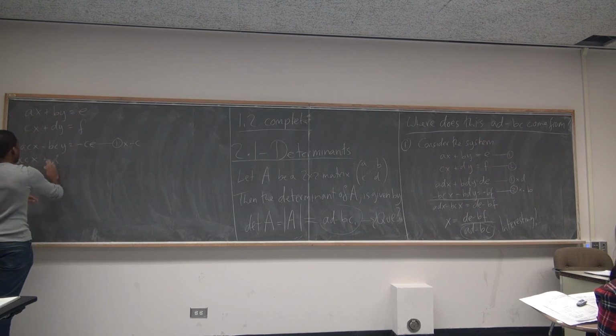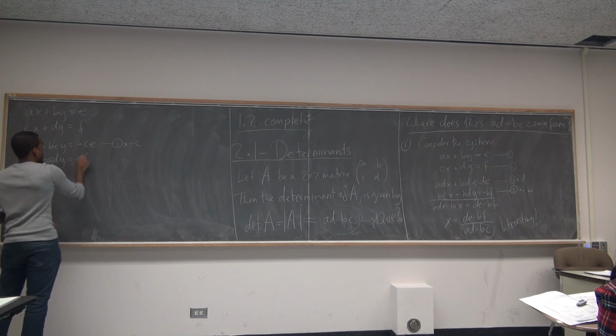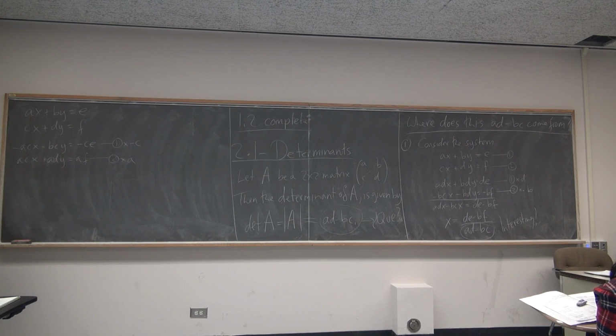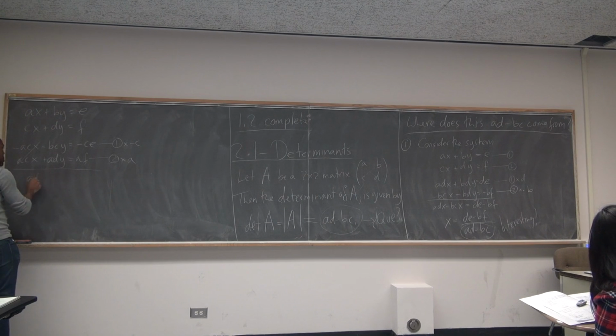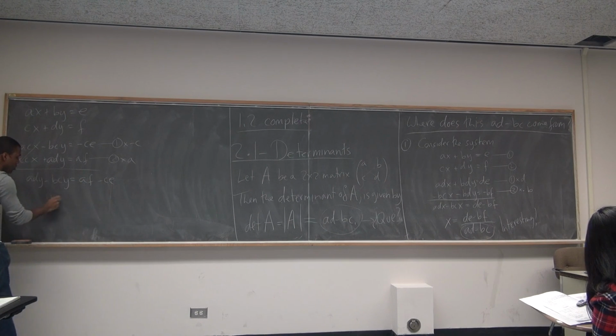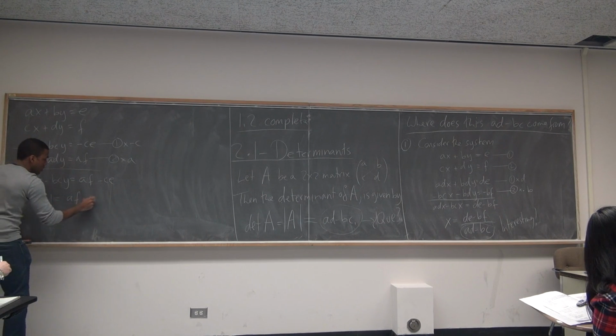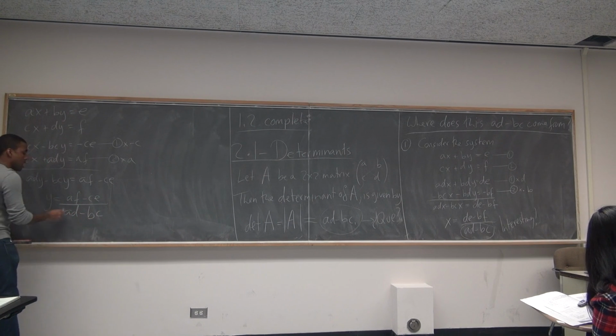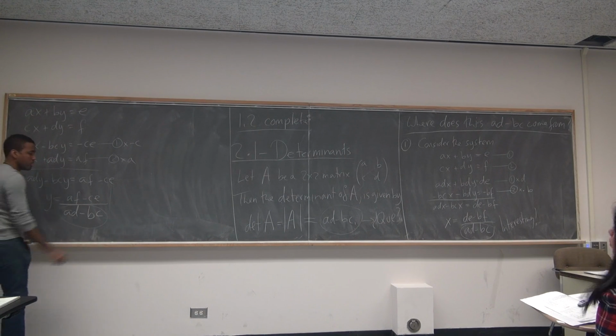And I'm multiplying the second equation by a, so a dy equals af. Now I can add those two. The x's actually cancel this time. I end up with ady minus bcy equals af minus ce, and I can solve for y. And there's that guy again.